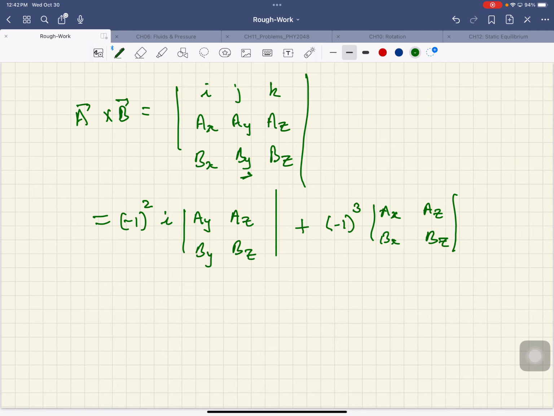Okay, what is the third term going to be? Minus 1 to the power, that's K, first row, third column. 1 plus 3 is 4.